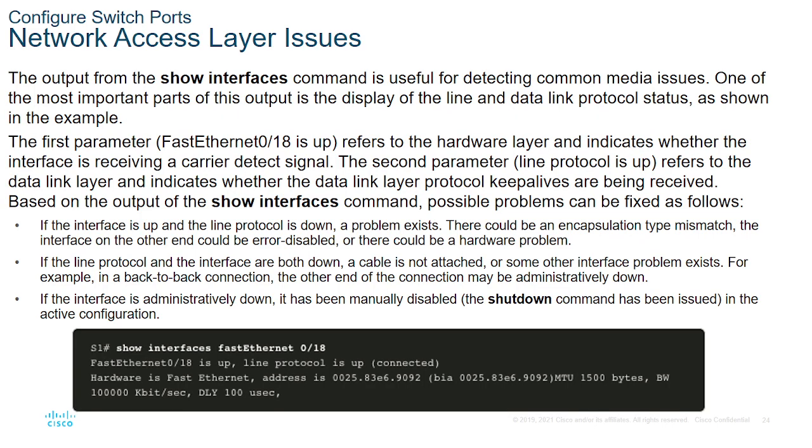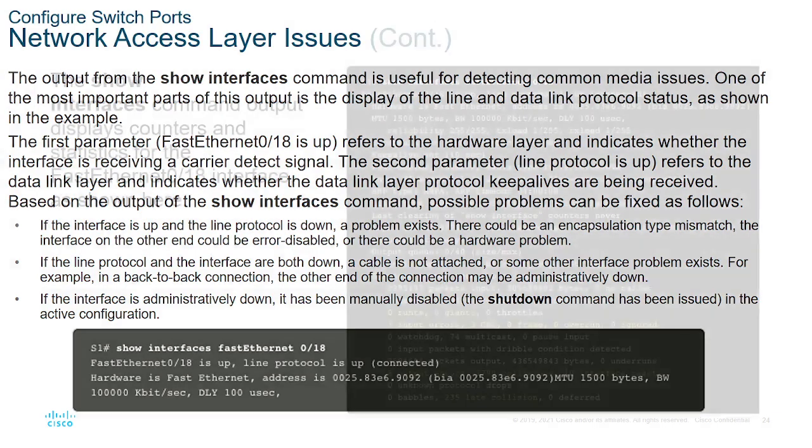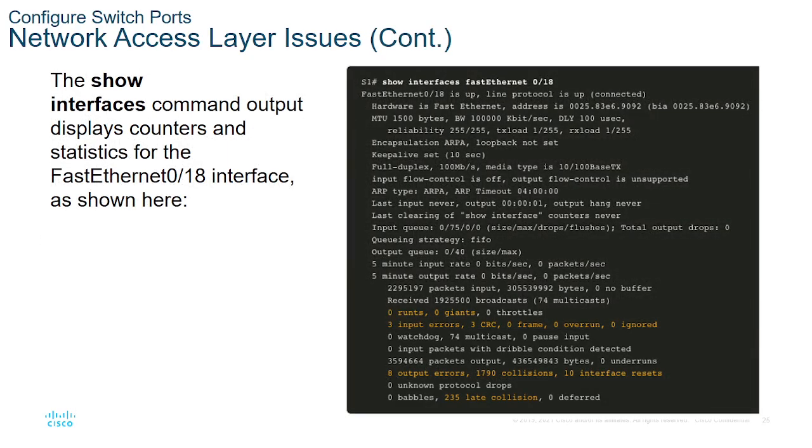If the interface is administratively down, it has been manually disabled with the shutdown command in the active configuration. Show interfaces shows you extra information about the interfaces, things like errors, cyclic redundancy check errors, the number of frames that are runts, and the number of collisions. So it gives you much more in-depth information and statistics about an interface.